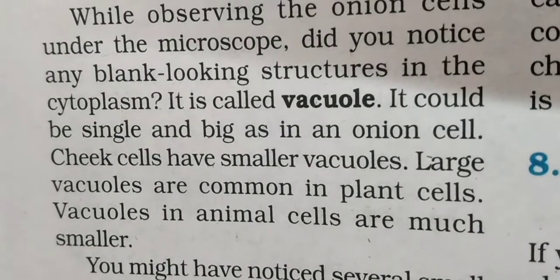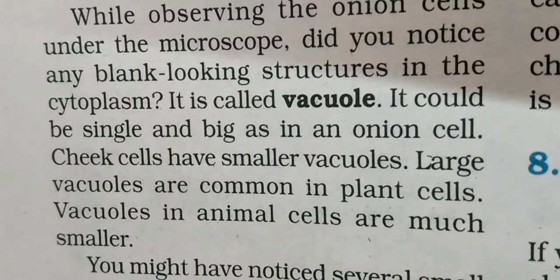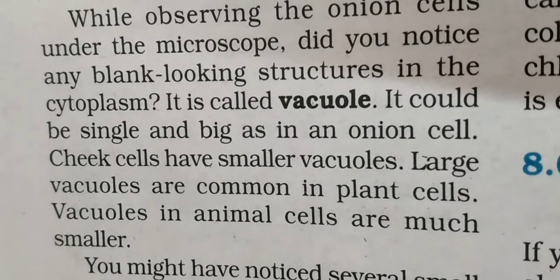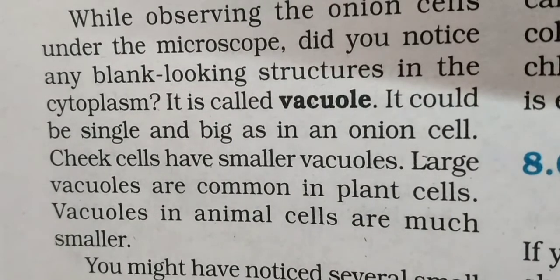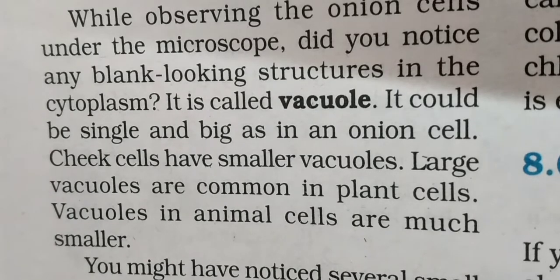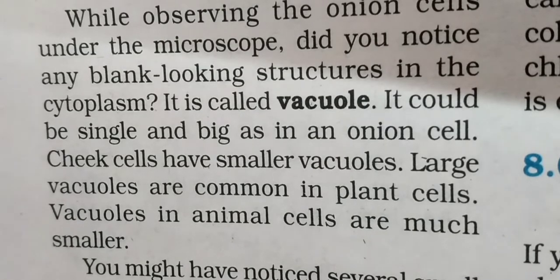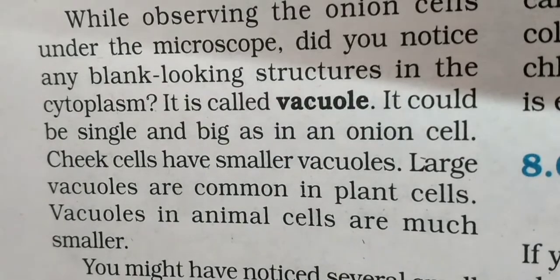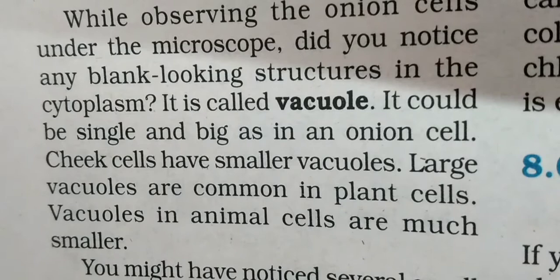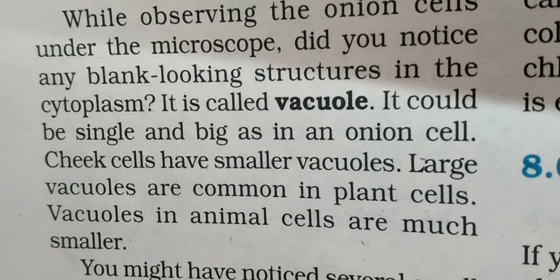If you remember, I was talking about certain organelles which are found in a plant cell, but they are not found in animal cell. First we are going to talk about vacuoles. Vacuoles are very prominent, found in larger size in plant cell. But in animal cells, they are found but they are much smaller.